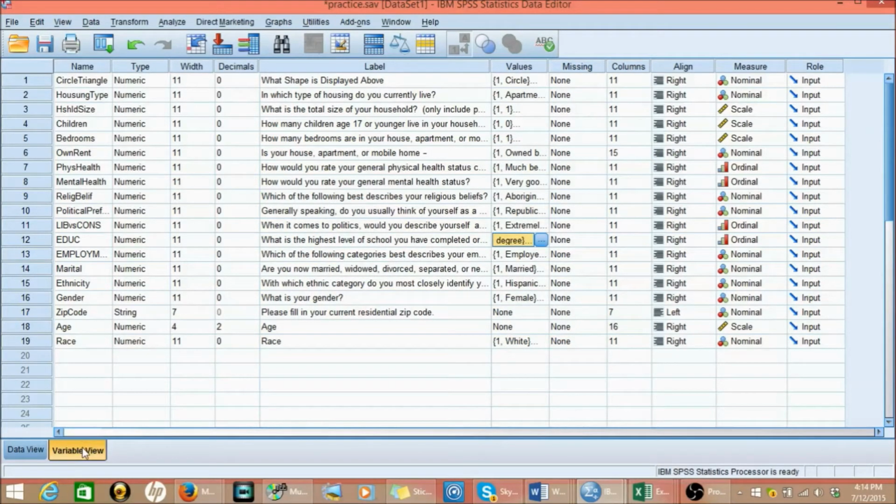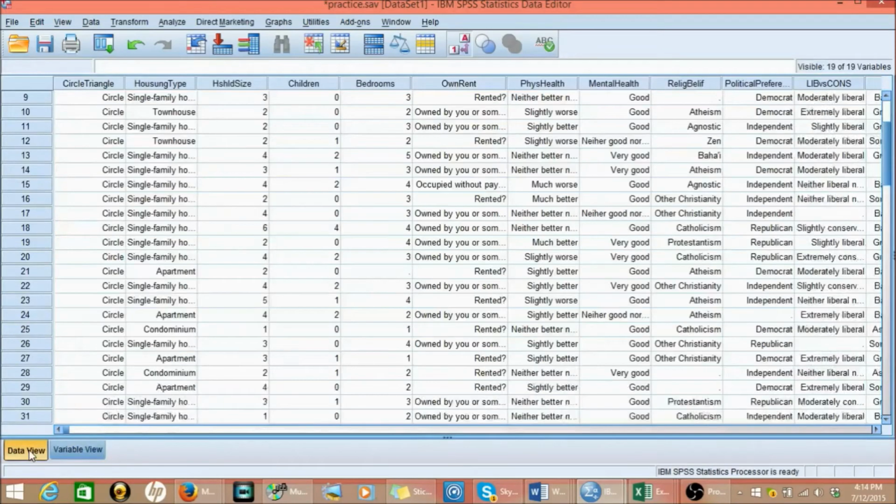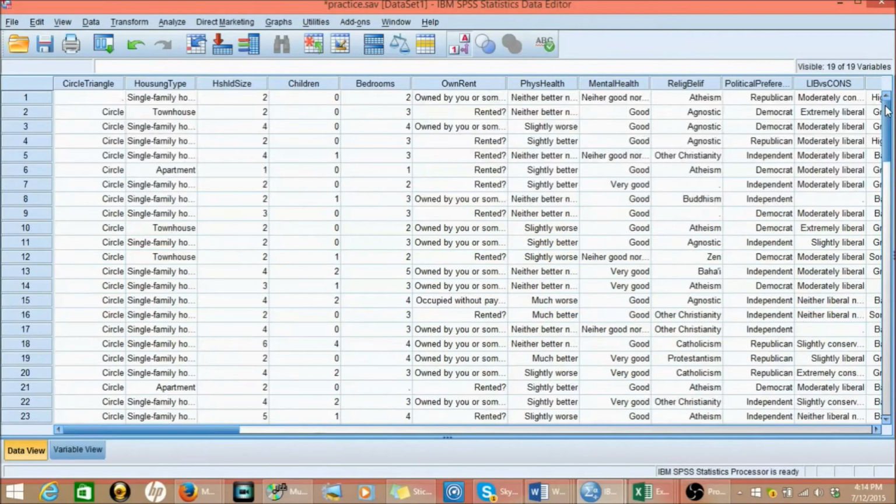I can also look at my data view. I'm sorry, we were in the variable view. I can go to the data view and look at the actual data, and this participant that we're going to call number 1 answered this was their housing type, household size, how many children, bedrooms, owner or rent, their physical health, mental health, their religious belief.